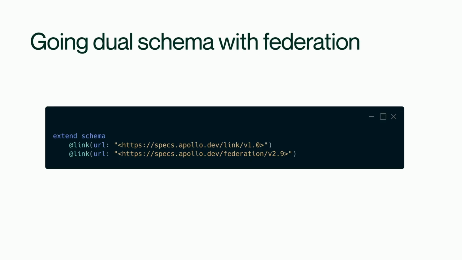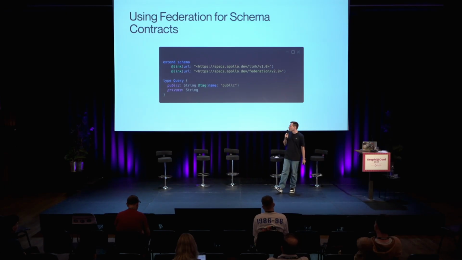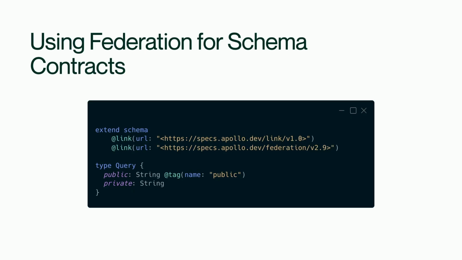If you didn't figure out, you can almost transform any GraphQL schema into a subgraph just by adding this to the GraphQL schema on the top. And then we were using federation contracts for actually filtering down the schema. So this is a very basic example of a public field that we tag with the name public.